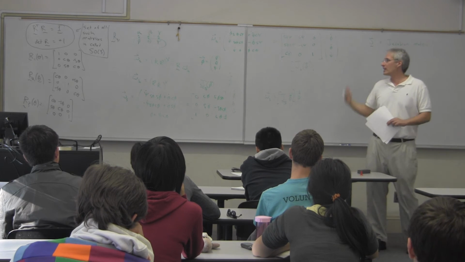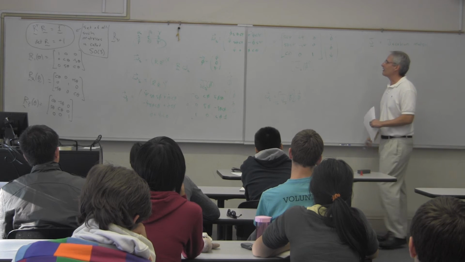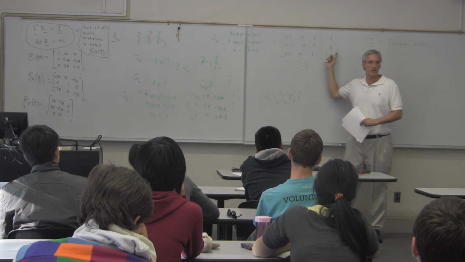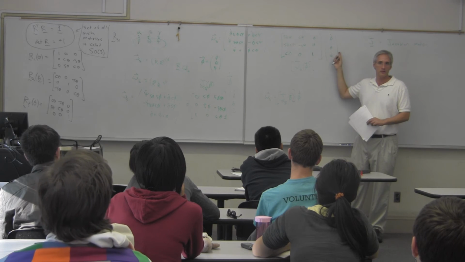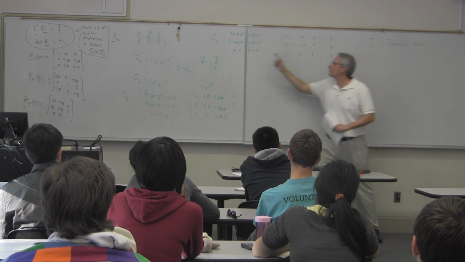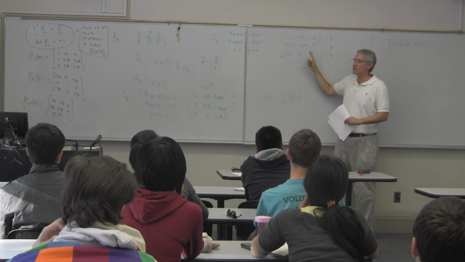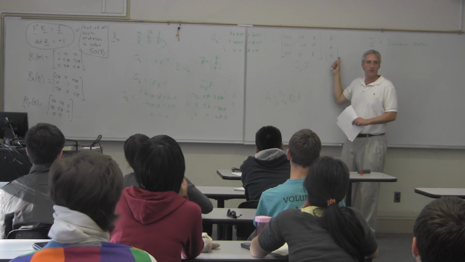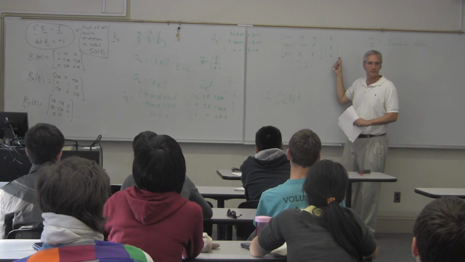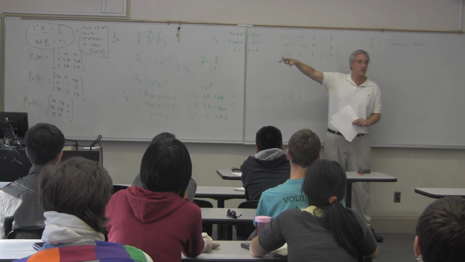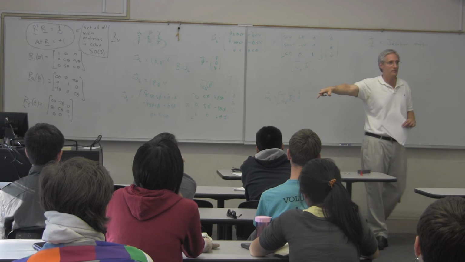Suppose I give you the angular velocity, and I tell you what the Euler angles are at that time. How would you get these rates? So suppose I give you this, and I tell you what these entries in this matrix are. How would you find these? You'd invert the matrix, right?